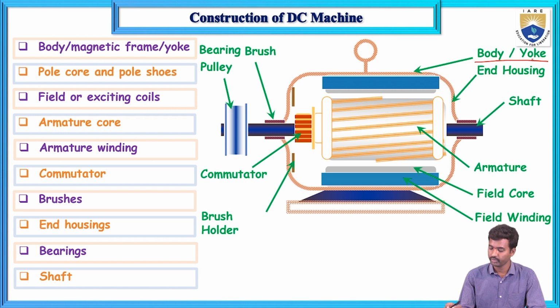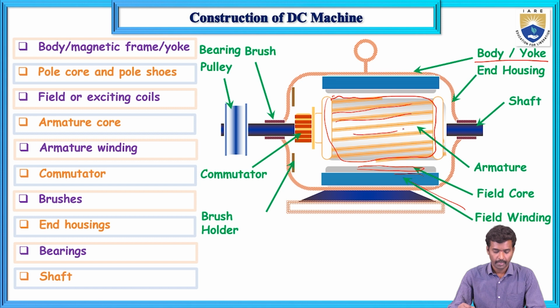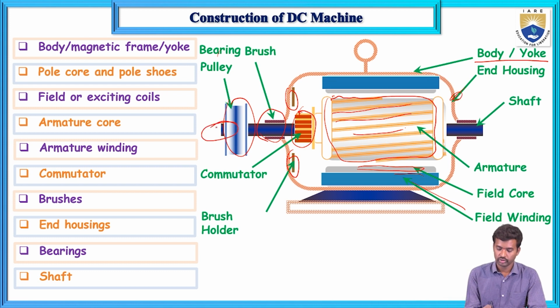Yoke is the outer frame. Next, the poles: this is the pole core and this is the pole shoe, and this is the field winding. Next, field coils, exciting coils. Next, this is the armature core, armature windings, commutator. Next, these are the brushes, brush holders, bearings, end housing, and this is the shaft.